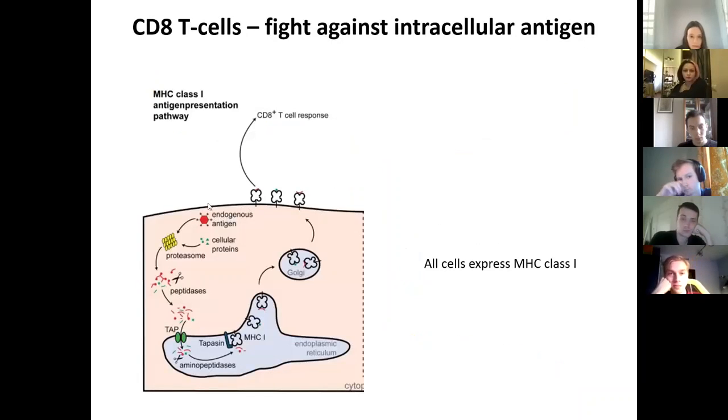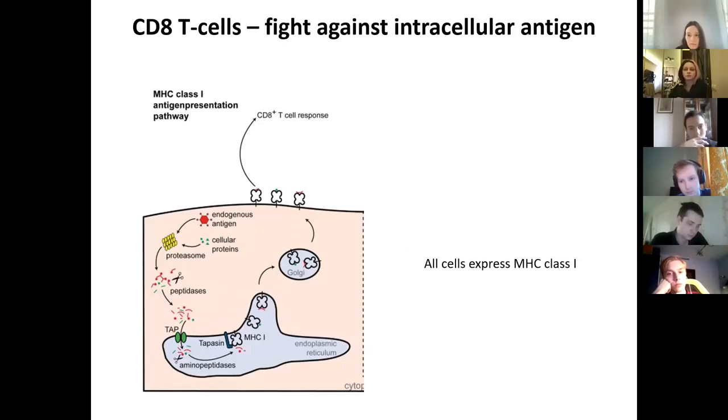Or if a virus infected the cell next to the macrophage, then the macrophage itself will not kill that cell, but the T cell will come in and actually kill the cells that are infected at the site of the infection. So the T cells don't clear the bacteria that are floating around in the extracellular milieu.